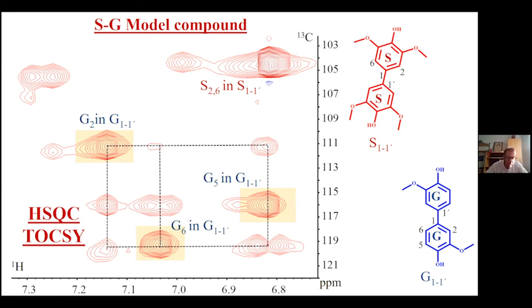Together with the presence of the diagnostic peak that we previously discussed, the S11, we could also see the HSQC correlation between carbon-2, carbon-5, and carbon-6 in the Guaiacol region. Again, this supports the presence of 2 Guaiacol units that couple in para position, forming the 1,1.